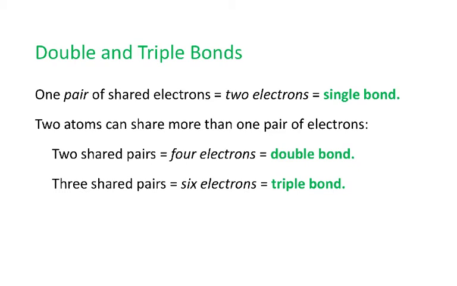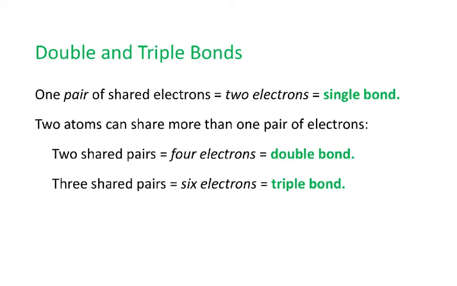So one pair of shared electrons, or 2 electrons, is a single bond. But sometimes atoms can share more than one pair, just to help satisfy their octet rule. And these are stronger bonds because they're sharing more electrons. But if 2 pairs are shared, or that is 4 electrons, then we call that a double bond.